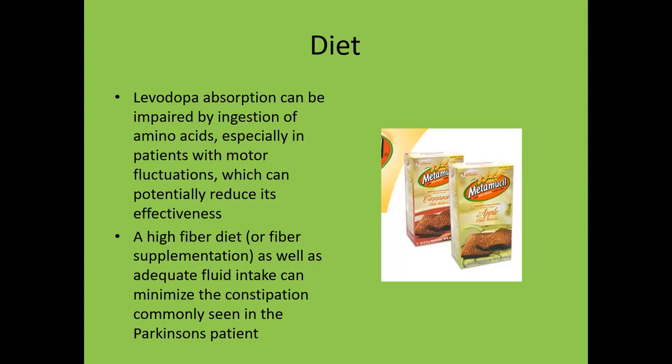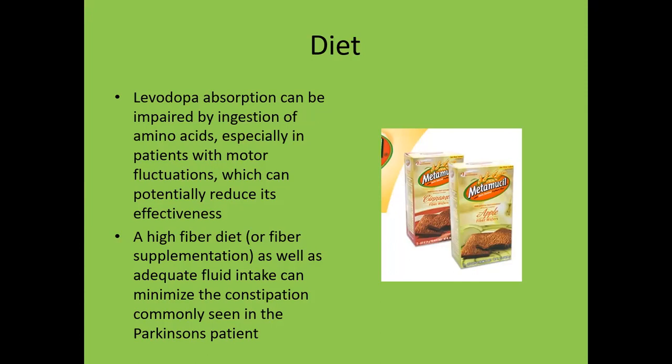This is already a food supplement. If you consume their food supplement, it will increase the levodopa and carbidopa levels. It will help to reduce constipation, so it will improve the overall health and well-being of Parkinson patients.